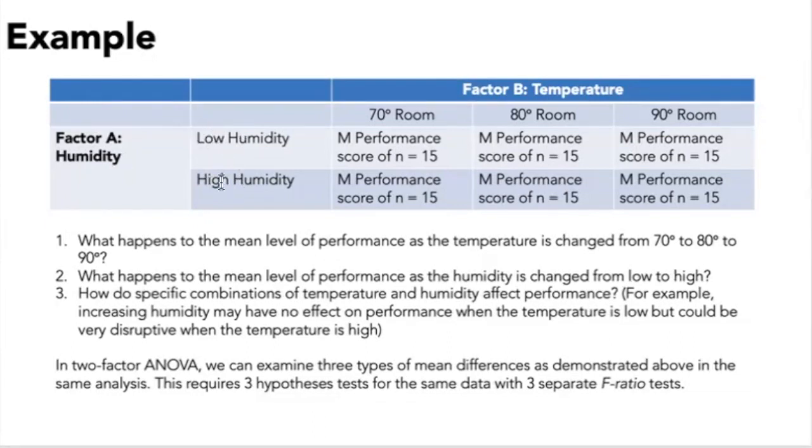If you want to just measure the performance between low and high humidity, in that case, you will only need to run an independent samples t-test because you just have two groups, and both the groups belong to factor A, which is humidity. And then here you have temperature, which is factor B. Now for temperature, there are three specific conditions: 70 degrees, 80 degrees, and 90 degrees.